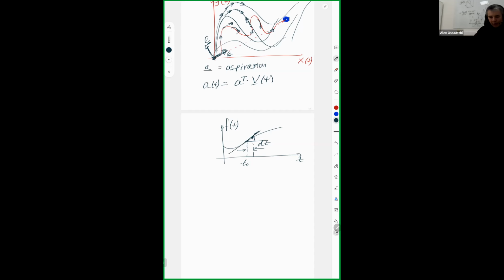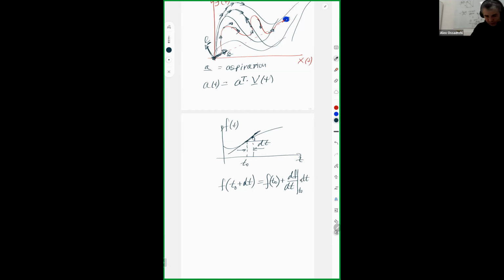So it's very natural to be able to predict the value of this function using the derivative of the function multiplied by this dt. So basically, f of t0 plus dt is equal to f of t0 plus df/dt, which is the value of the derivative at location t0, multiplied by dt. So it's simply a linear approximation of the function.